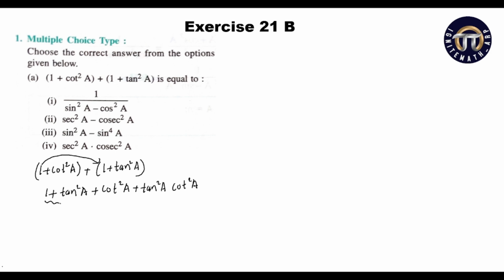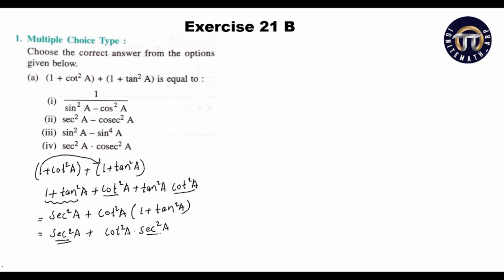So now if you observe this, 1 plus tan square A can be written as secant square A, plus cot square A, cot square A I will take out common, then I'll be left with 1 plus tan square A. Clear? So now secant square A I'll keep as it is, again cot square A into 1 plus tan square A, again I can write as secant square A. Again I'll have secant square A common over here, so I'll take out secant square A common, and I'll be left with 1 plus cot square A.